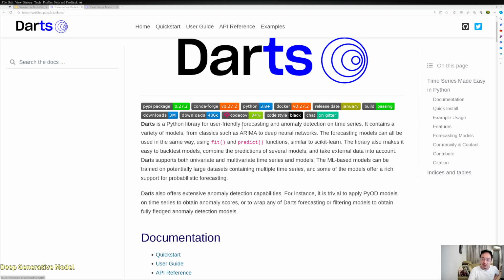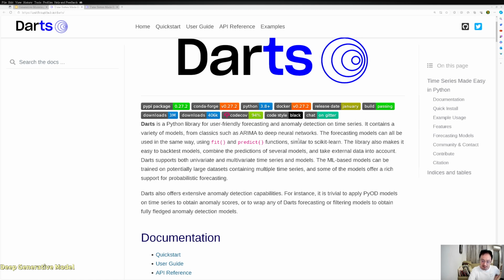Starting from something like the very easy one or baseline one, or a statistical one like ARIMA that we have already introduced before, and neural network ones. So it is very convenient for you to train and test a lot of different model architectures or algorithms.